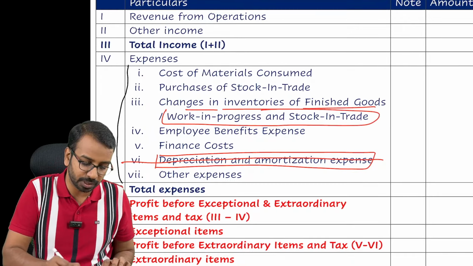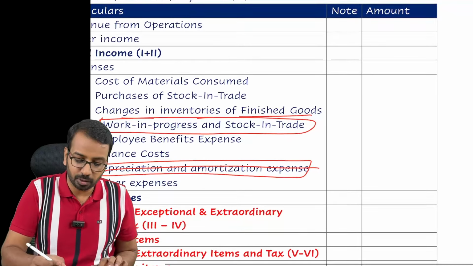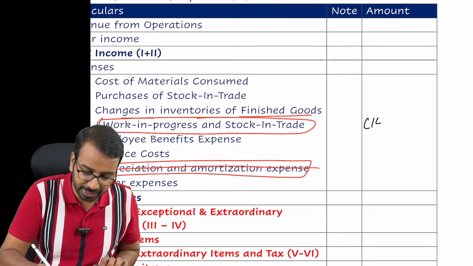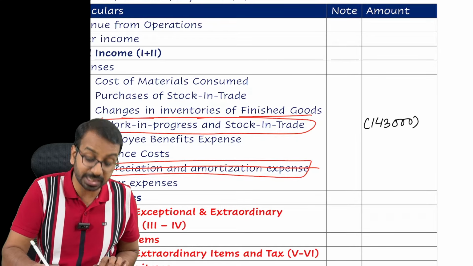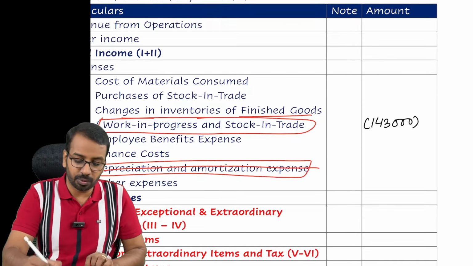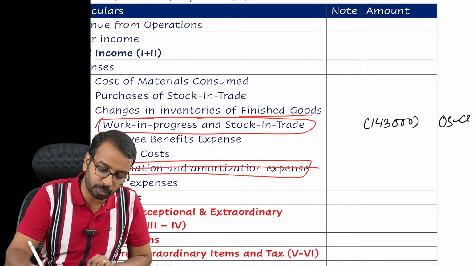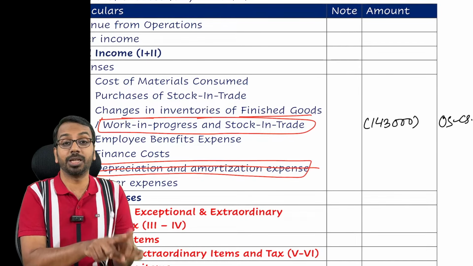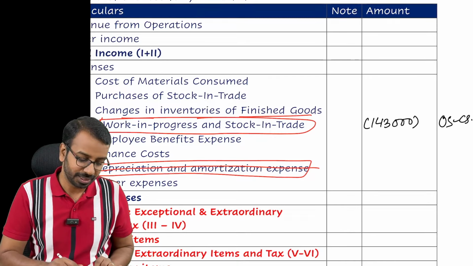No need to write WIP and stock in trade. How much is that? 1,43,000. So you can directly post it here. Minus 1,43,000. Please remember, it is an expense item and we are putting a negative figure. And our standard formula is opening stock minus closing stock, so that you don't forget. Okay. If required, note it down in your adjustment list.